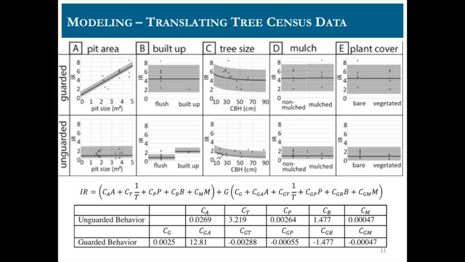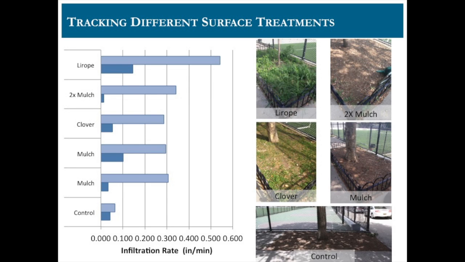The biggest difference we found was the presence of a guard. If you had a tree guard, we saw much better infiltration performance, presumably because there wasn't footfall on it, which compacts the soil and creates this hard layer of soil. So following that line of thinking, we installed tree guards on a few identical tree pits by Booker T. Washington, just a couple of streets down.